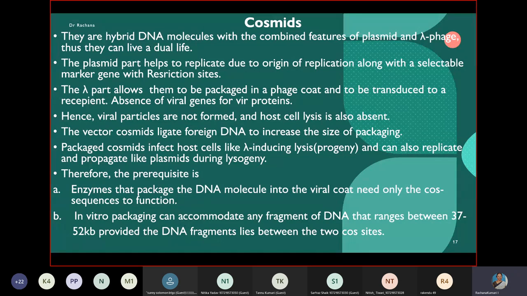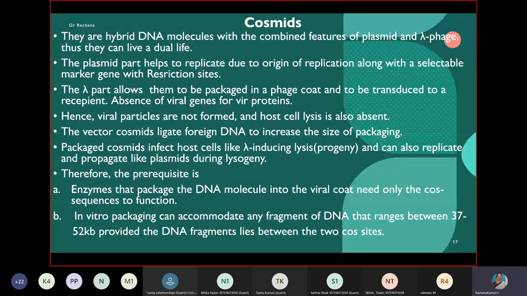And they can also incorporate into the bacterial genome like a plasmid that usually incorporates during lysogeny, forming a prophage. Either this way or that way. Hence, if you want to construct a cosmid, what are the prerequisites?